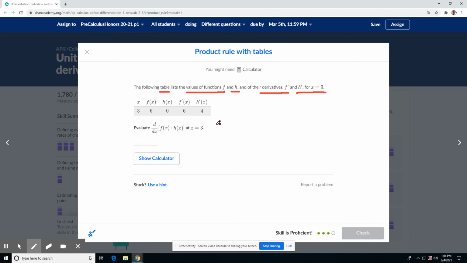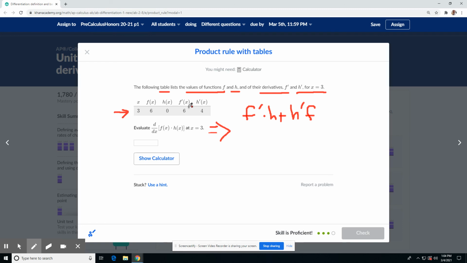So this now implies that it would be the derivative of the first times the second plus the derivative of the second times the first. And then we just plug it in. And we're evaluating it at 3 here. And that's what these are outputs of.